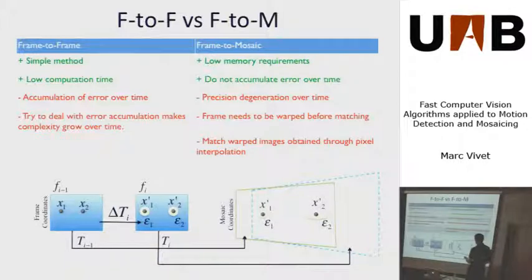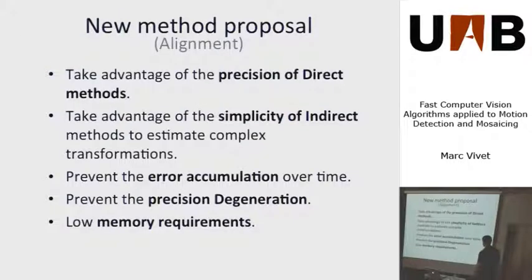But in the case of aligning the frames using mosaic coordinates, the frames are distorted and the errors are also distorted. So maybe a small error in mosaic coordinates can be a huge error in the frame coordinates. In addition, the frame needs to be warped before aligning, and this also introduces more computational time. And matching a warped image also decreases the accuracy because the pixels are interpolated.